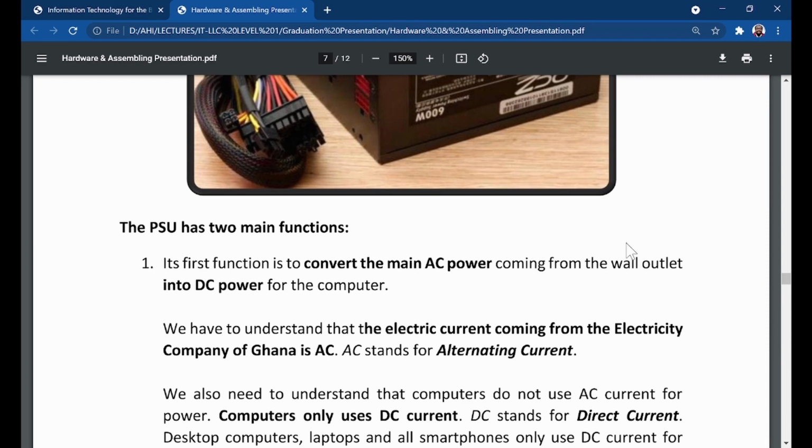Are you here? Just take it this way, that electricity comes in two forms, AC and what? DC. Computers do not work with AC. If you supply AC to your computer, you will fry the computer. Computers work with which current? DC current.